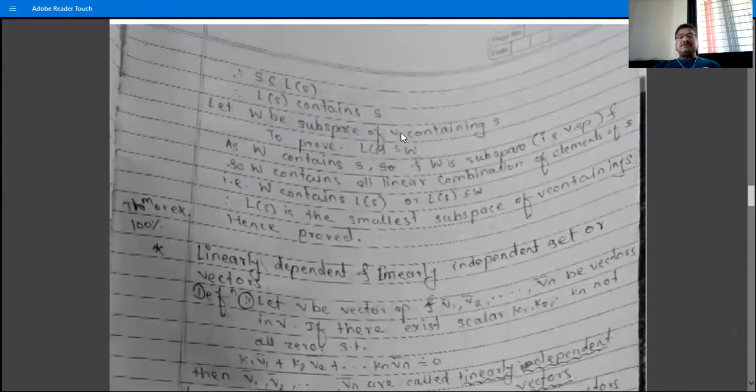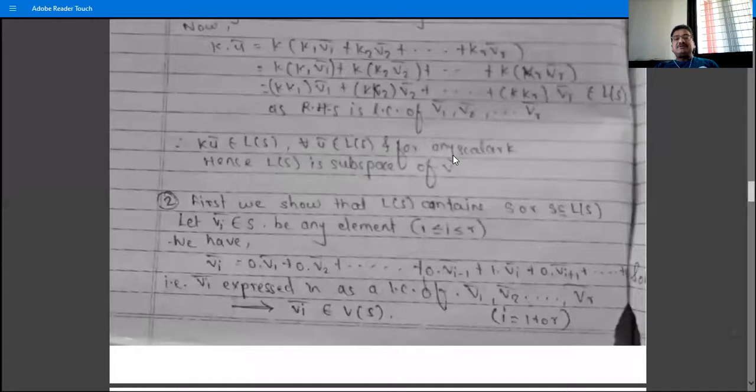So let W be any subspace of V containing S, and we prove LS is a subset of W. Already we have shown that LS is a subspace and LS contains S. It remains to show that LS is the smallest one containing S. If there is another subspace of V containing S, then it is larger than LS, that is, LS is a subset of W.